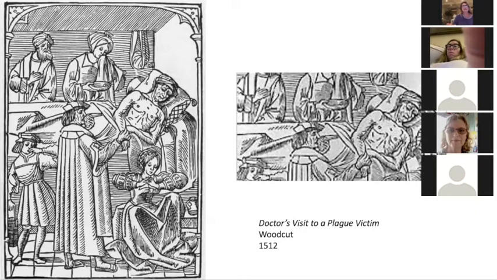the scholarship suggests that during the 1500s, 1512, Eastern medicine was slightly more advanced than Western medicine. And we know that during the plague Western doctors consulted Eastern books of medicine, medical treatises.